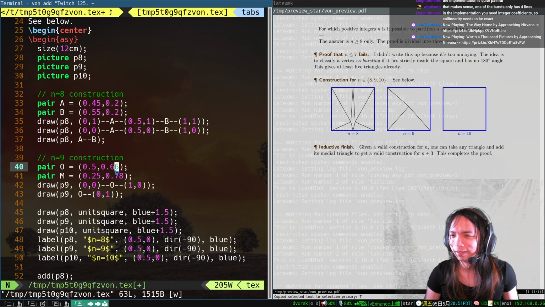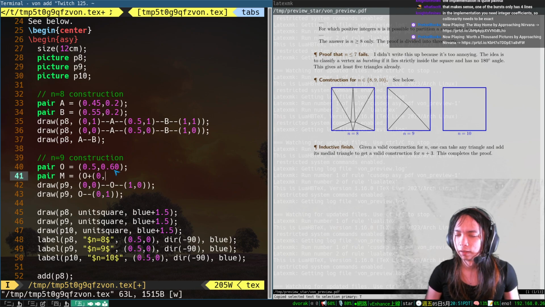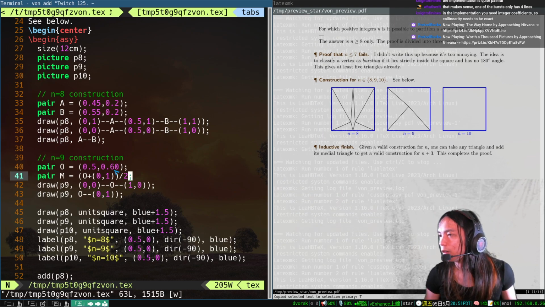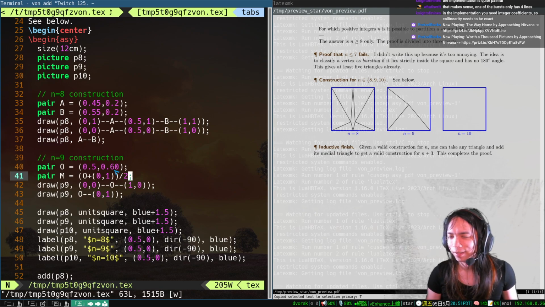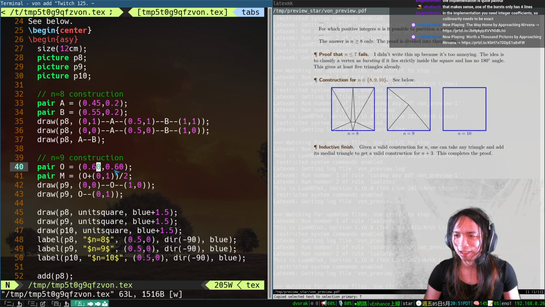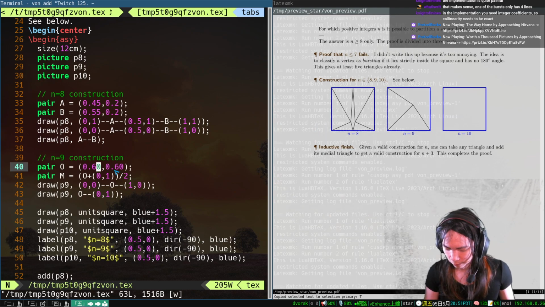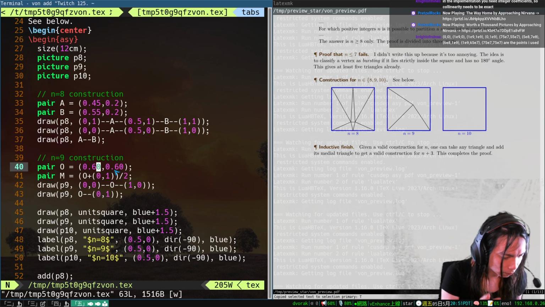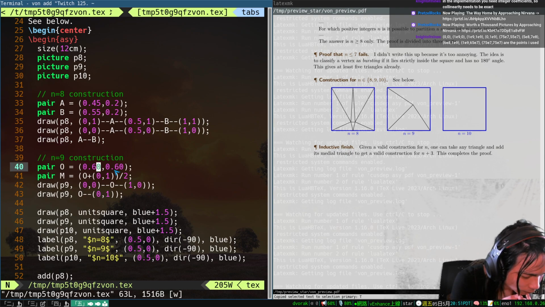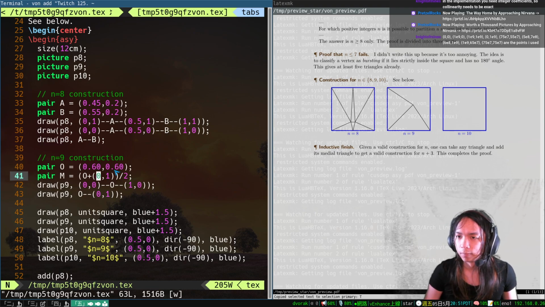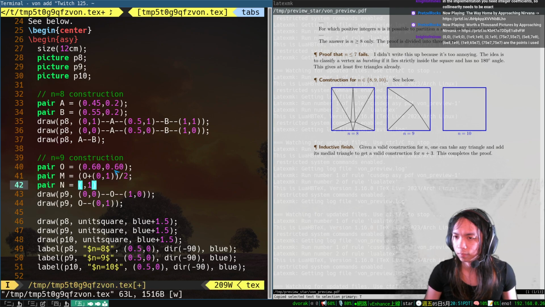We can nudge it up a tiny bit so it looks a little less... Now you give me the coordinates.